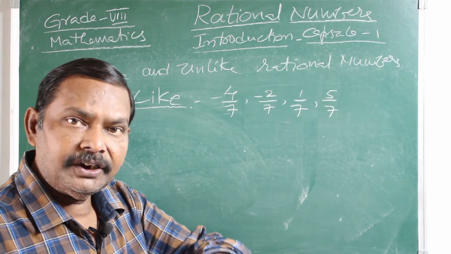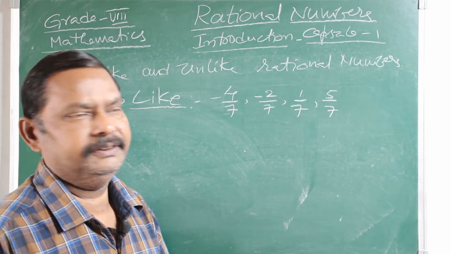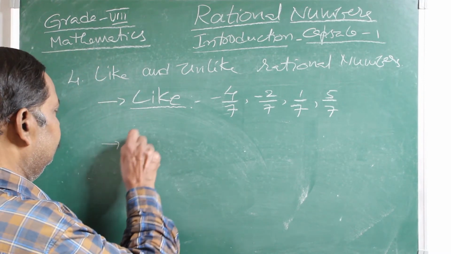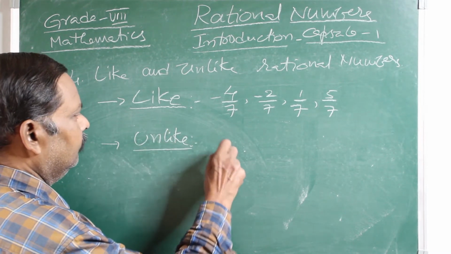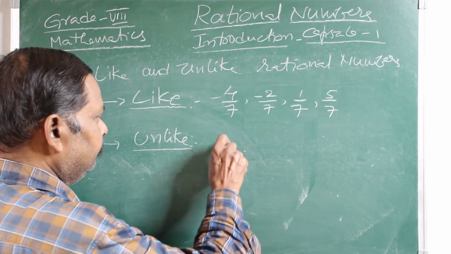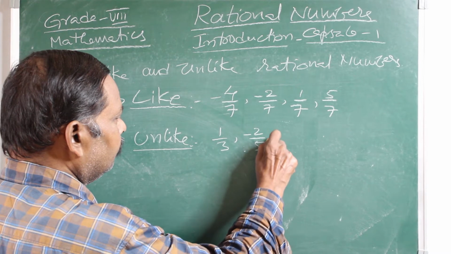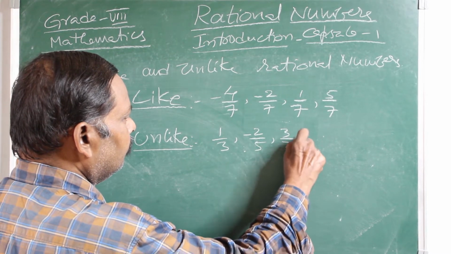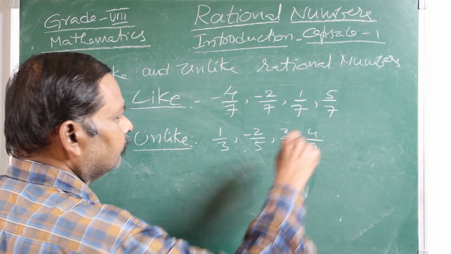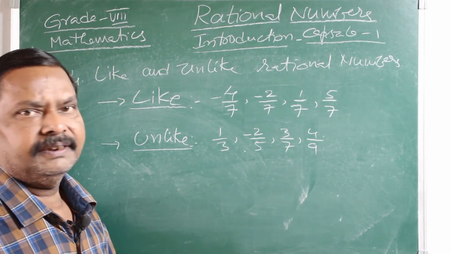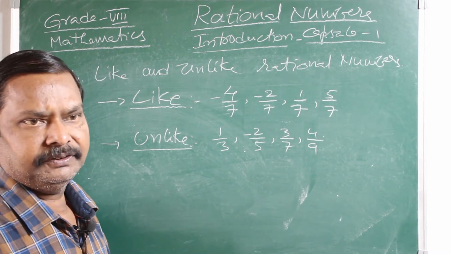If the denominators are not equal, then they are called unlike fractions. For example, these fractions have different denominators, so they are unlike fractions.